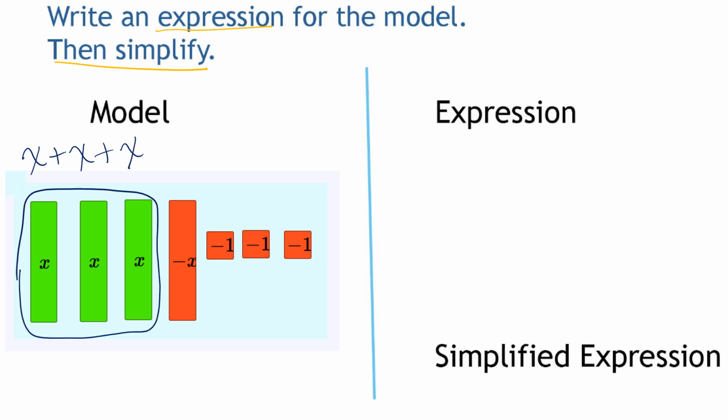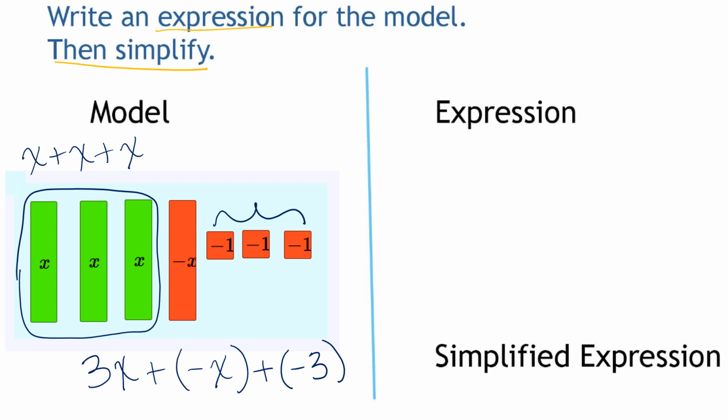So that's the same thing as saying X 3 times. So we have 3X, and then we have 1 negative X. So we say plus negative X, and then we're combining that with 3 negatives.